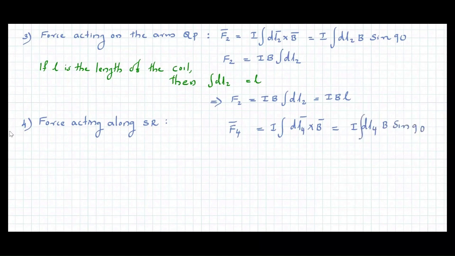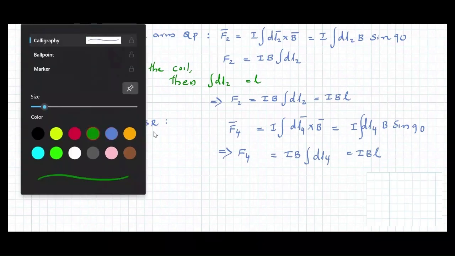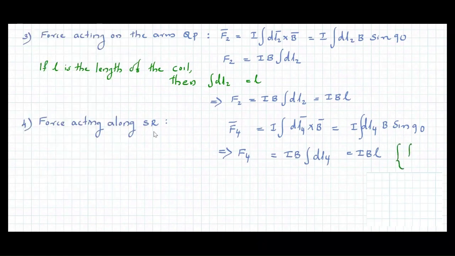So the magnitude of the force F4 becomes IB integral dl4. Again, observe the figure. If you integrate dl4, you will get the length SR. SR is nothing but the length of the coil, that is integral dl4 is L. Therefore, the magnitude of the force acting on the arm SR is IBL.